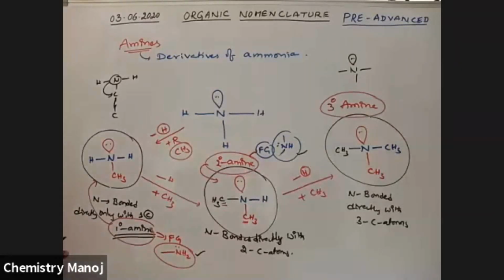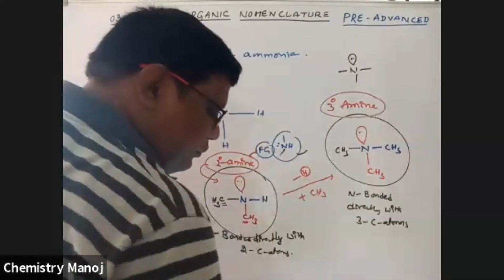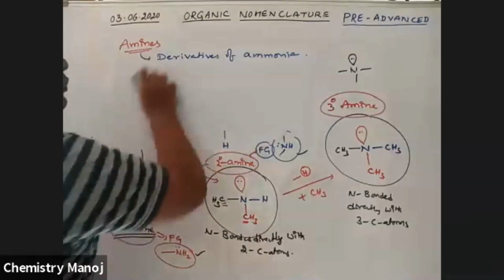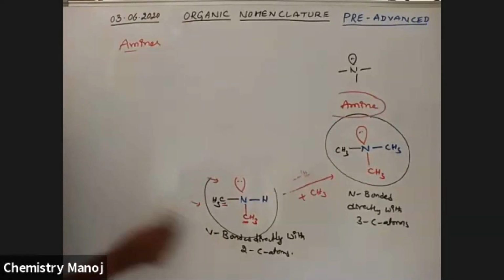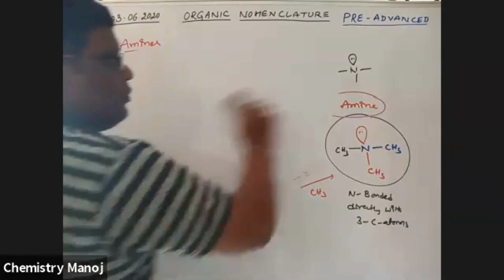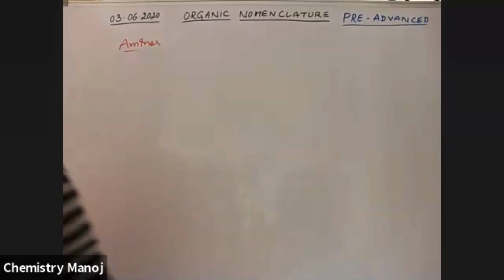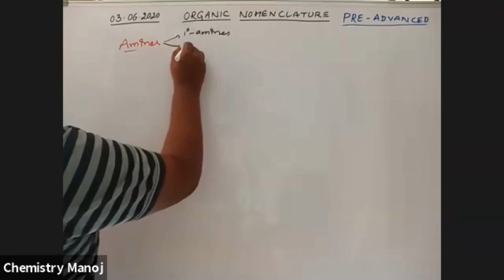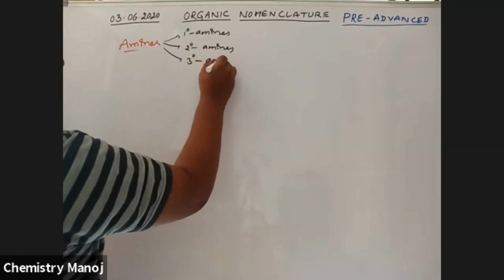Okay, see here. Amines are derivatives of ammonia. So these are primary amines, secondary amines, and tertiary amines.